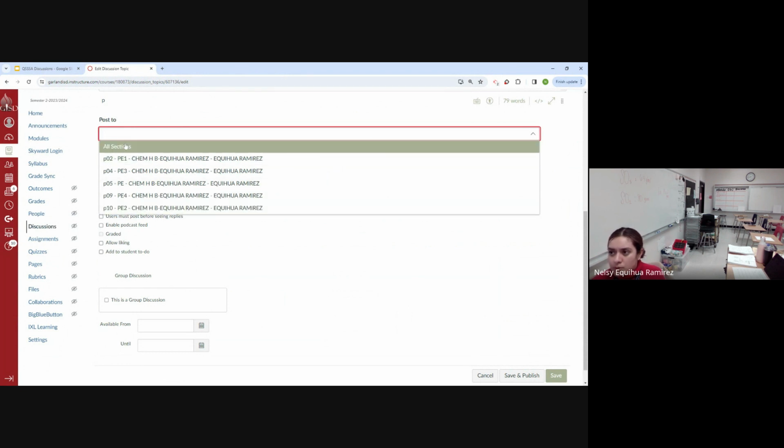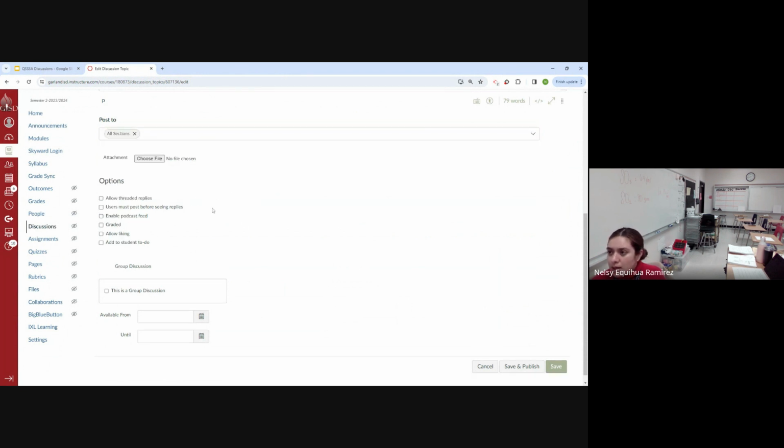You can publish to all, which makes it easier too. You're more than welcome to add a file, maybe a graphic or a picture. When you click on choose file, you should see your computer open up with your work. You can't see it when I'm sharing screen because I'm only sharing this window, not my whole screen.